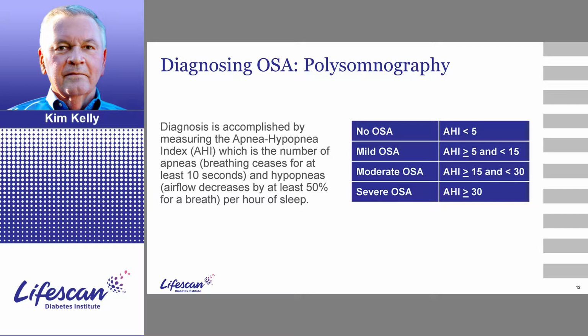The criterion of no obstructive sleep apnea is an AHI of less than 5, mild is 5 to 15, moderate 15 to 30, and severe obstructive sleep apnea is an apnea-hypopnea index of greater than 30.